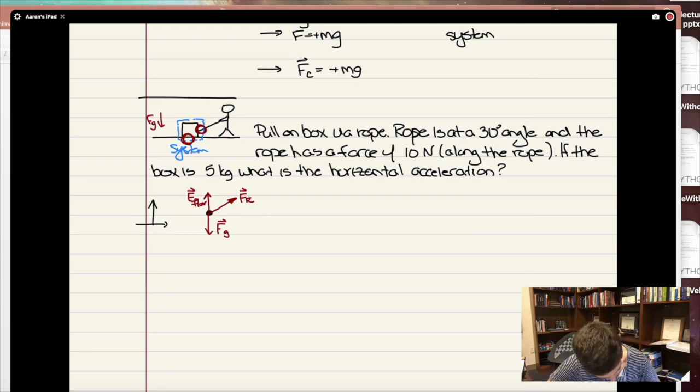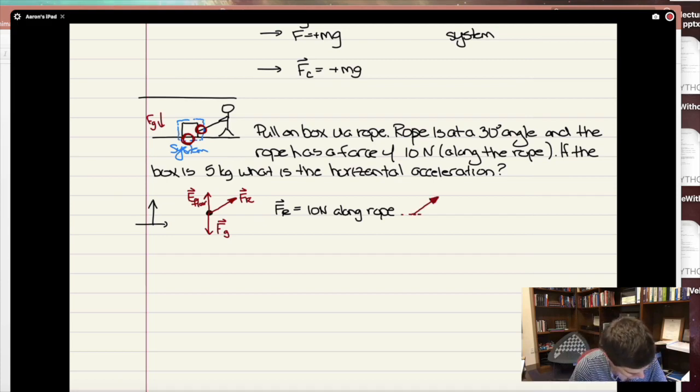So I could write down what I know. I know the force of the rope is 10 newtons along the rope. So I could think, can I do any better? Ideally, I could write these as vectors.